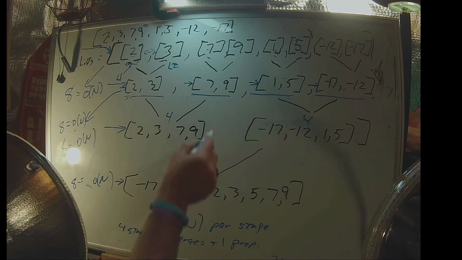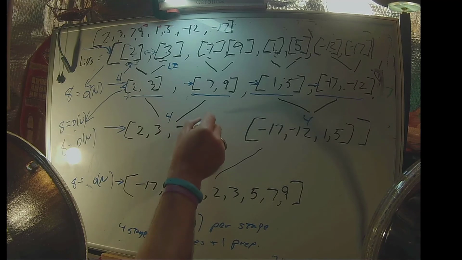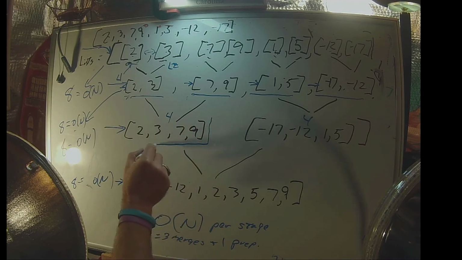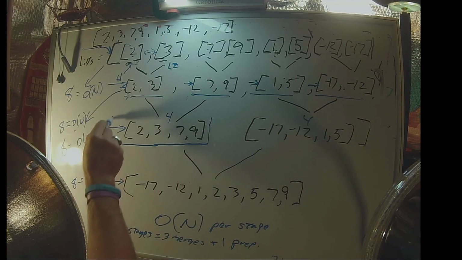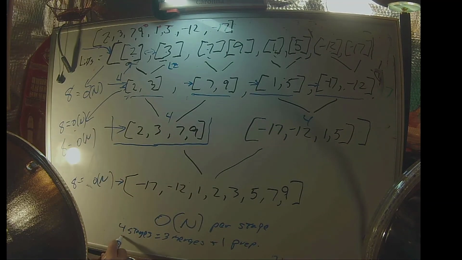If we just had a list of length 4, if we wanted to stop here, let's say we only had these first 4 elements, well, then it would take us 3 stages. So for 8, it takes 4 stages, 3 merges and a prep. For 4, it takes 3 stages, which is 2 merges and a prep.